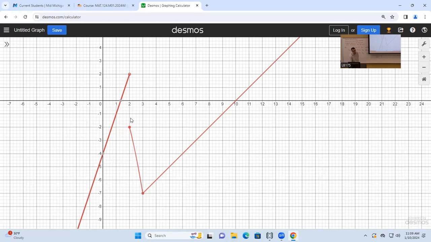So we have a point of discontinuity, or this graph is not continuous at x value of 2. All right, because there's a gap in our graph right there. So because of that gap, our graph is not continuous at x value of 2.